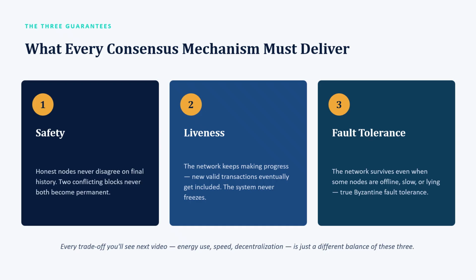The system doesn't freeze. Third one, fault tolerance. The network survives even if some nodes are offline, slow, or outright lying. This is the Byzantine fault tolerance we just talked about. Every design decision you will see in the next video, how much energy it burns, how fast it finalizes a block, how decentralized it can stay, is really just a different trade-off between these three guarantees.